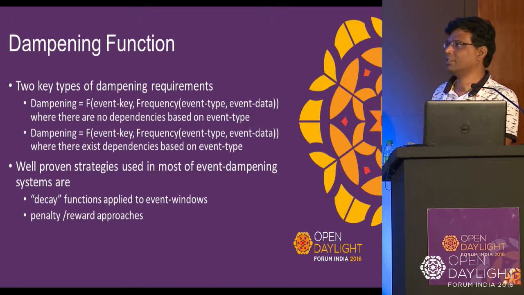and the penalty or reward based approach, which is, I think, currently the MDSAL Datastore is using a rate limiter from Guava, right? So we are thinking of using that with the event classification mechanism, so that we can associate one rate limiter each.